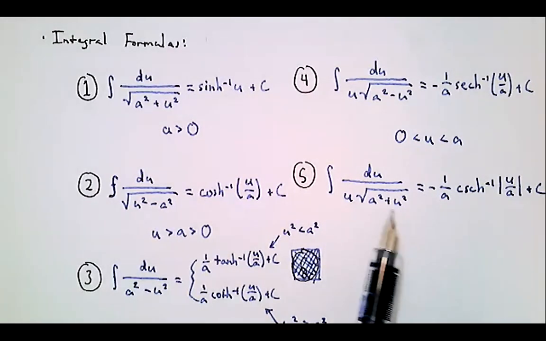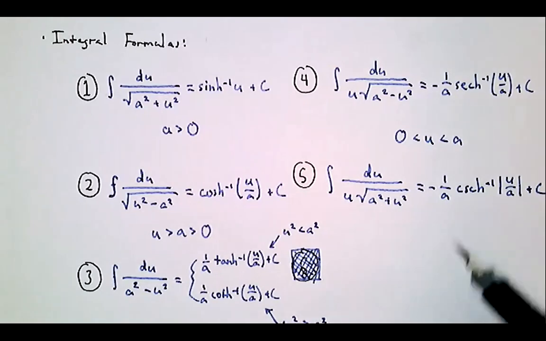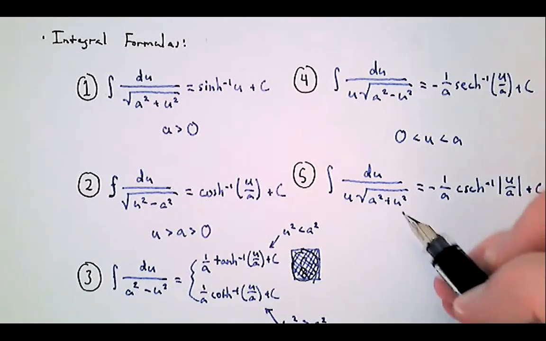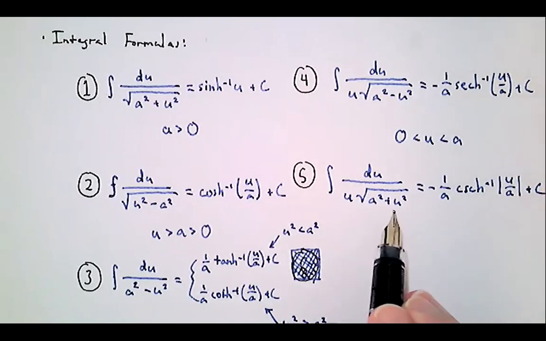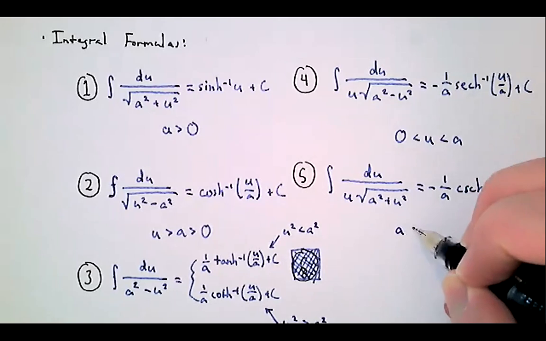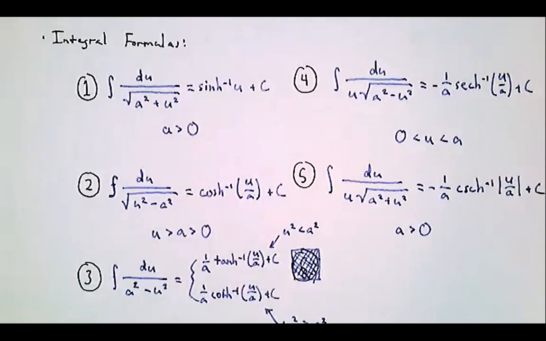And we don't have to worry about negative numbers under a square root or zeros. Well, I guess we do have to worry about 0. So at least one of these two needs to be bigger than 0 for this particular rule. So a should be bigger than 0.